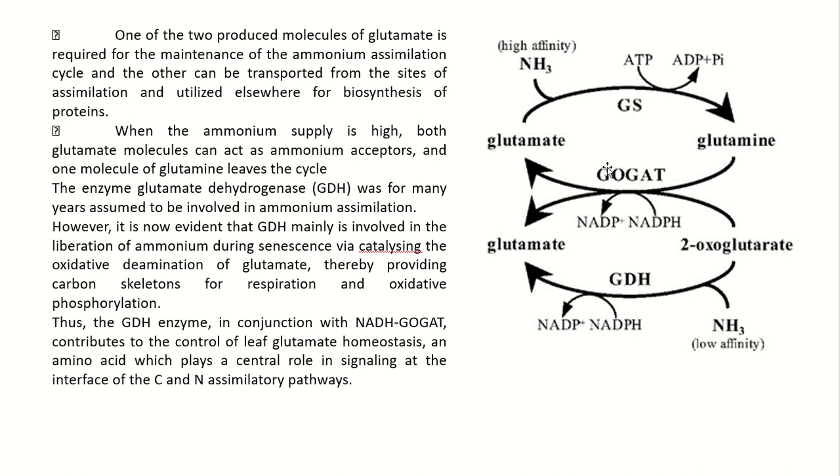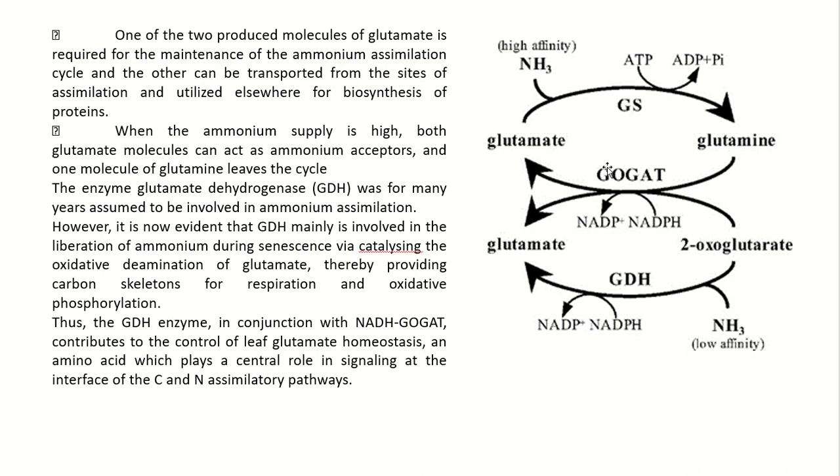Deamination means removal of the amide group from glutamate, providing a carbon skeleton for respiration and oxidative phosphorylation. Two reactions are involved: one is oxidation, another is oxidative phosphorylation and respiration.